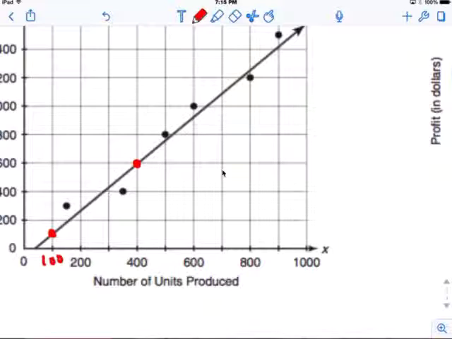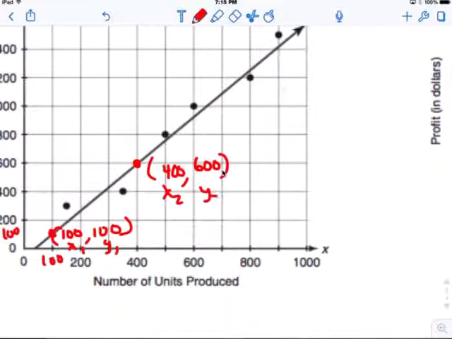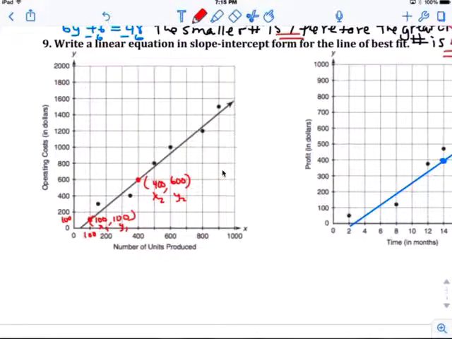That's 100, 100, right? So 100, 100 is x sub 1, y sub 1. This one, 400, 600 is x sub 2, y sub 2.